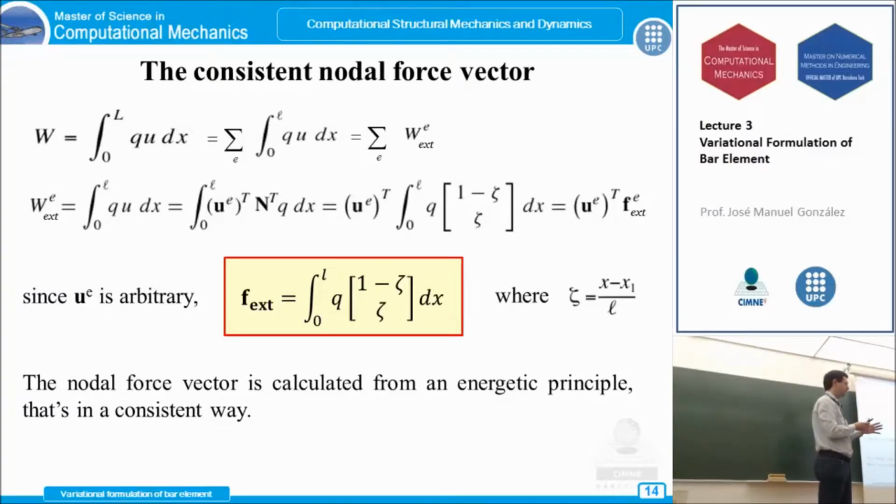So we have a similar expression for the external work: the nodal values times an integral. This integral is what we call the external force vector, the consistent nodal force vector coming from the external work, and which is the second part of this total potential energy.